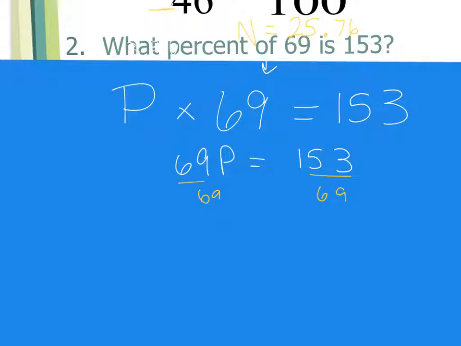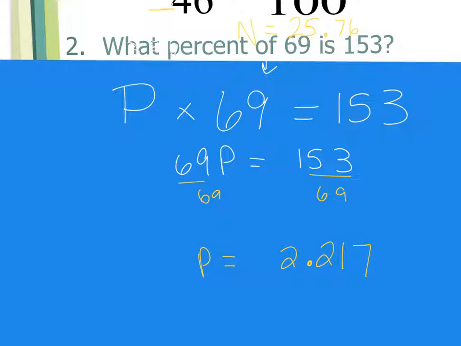Do my long division. And when I did my long division, as I did a little while ago, I would get 2.217. What do I have to now do? Move the decimal. In your original equation, there's no 100 in here, is there? No. So that means you did not take the fact that you're talking about out of 100 into account.